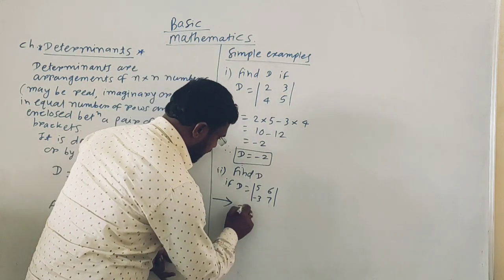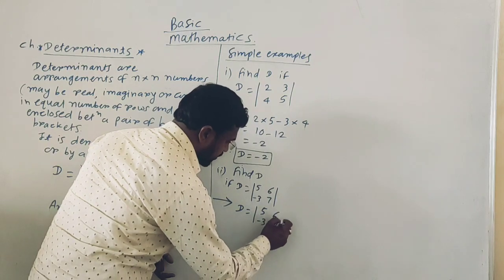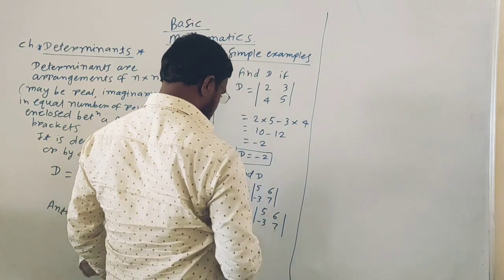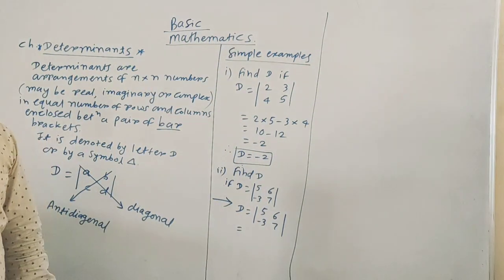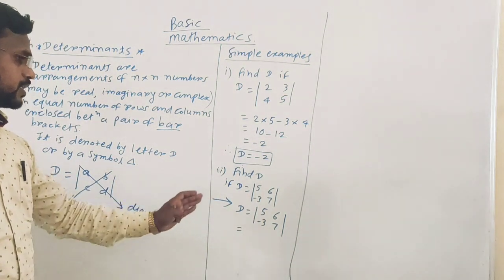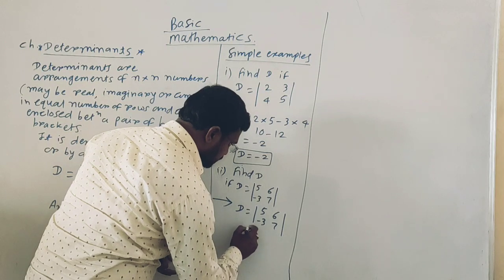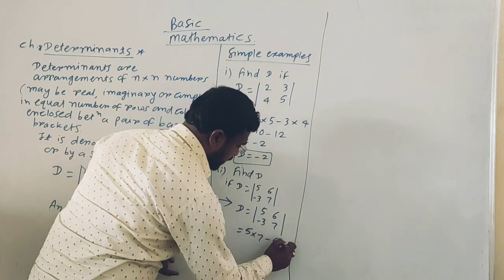As it is, D equal to 5, 6, minus 3, 7, equal to 5 multiply 7 minus 6 multiply bracket minus 3.